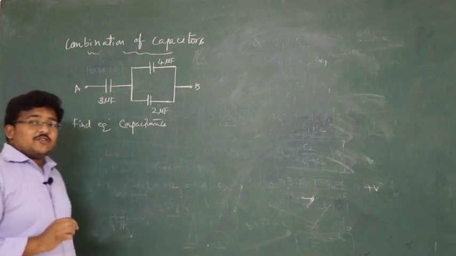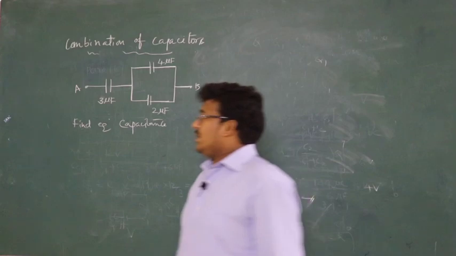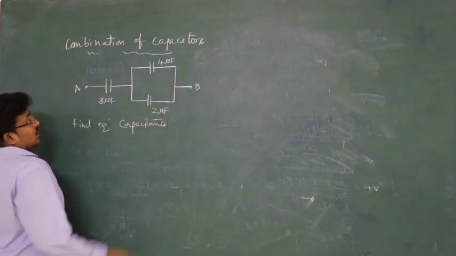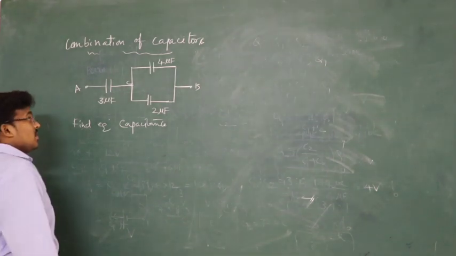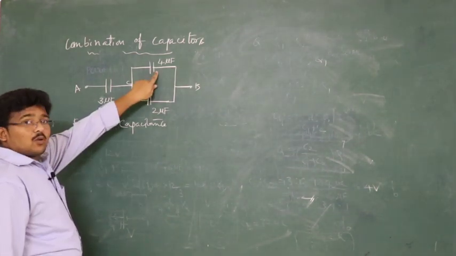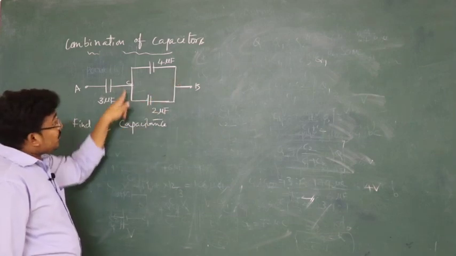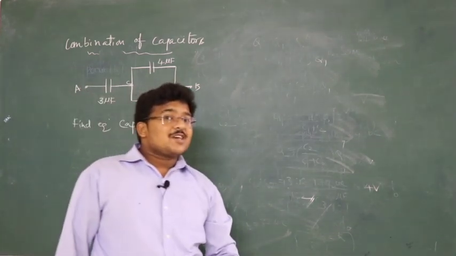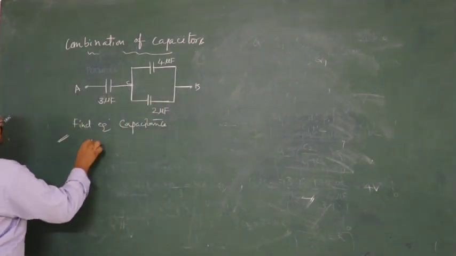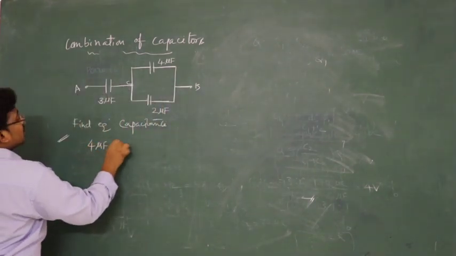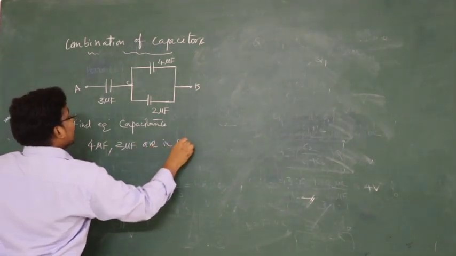Now you need to identify which of them are in series and which are in parallel. See, if I take this node as C, for the 4, what are the endpoints? C and B. For the 2, the endpoints are also C and B. Endpoints being the same means they are connected in parallel. So here 4 microfarad and 2 microfarad are in parallel.